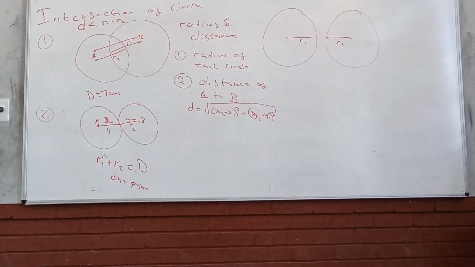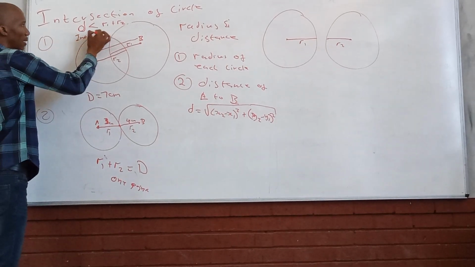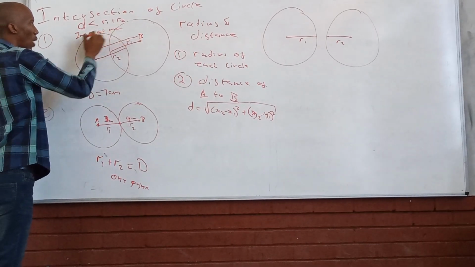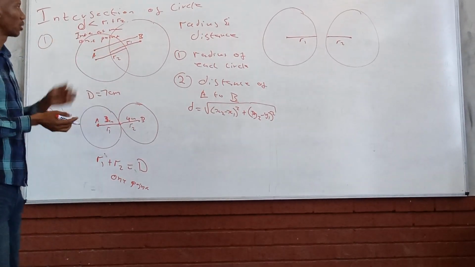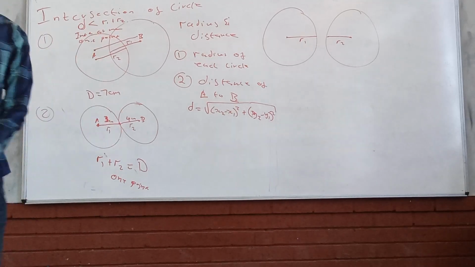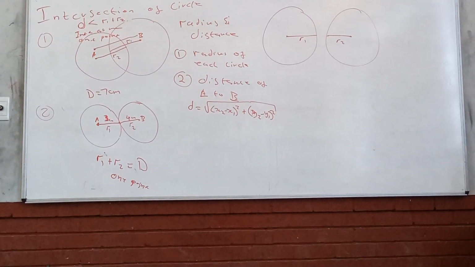Once that happens, it means that it is intersecting at more than 1 point. It is intersecting at more than 1 point.